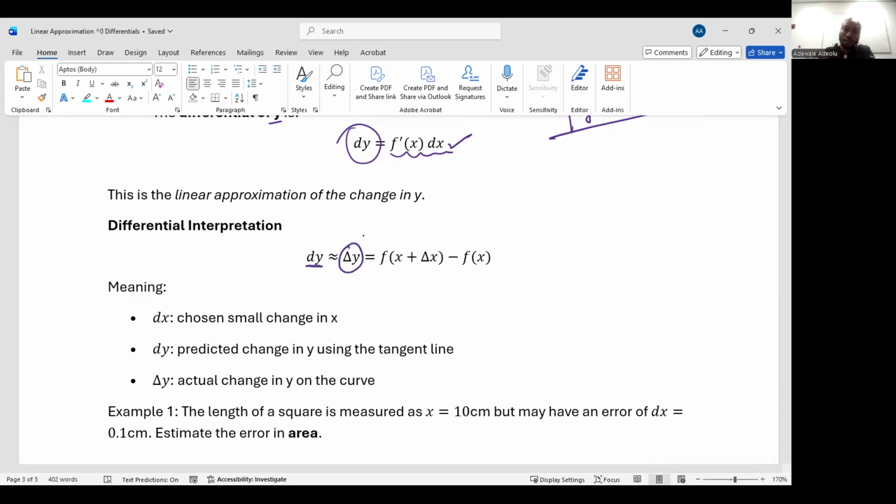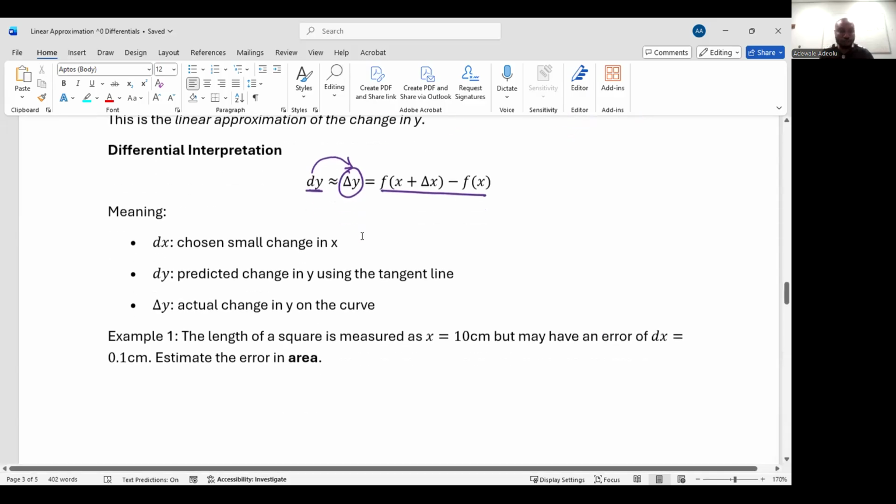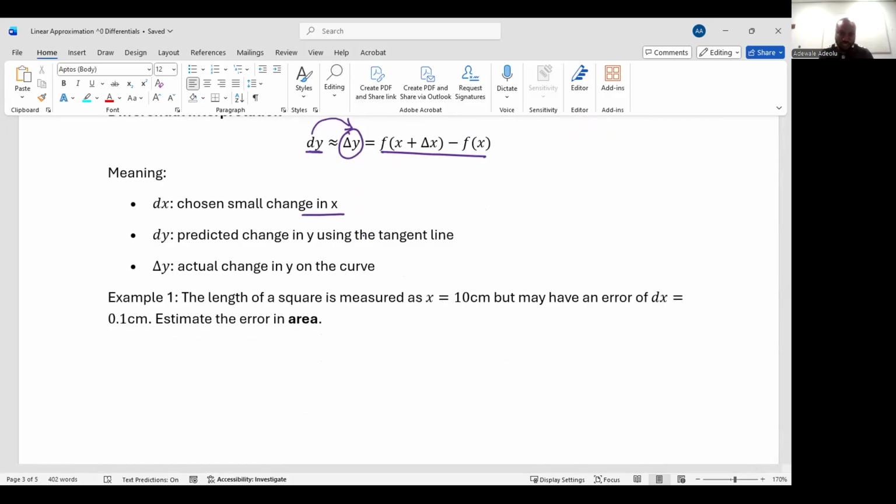Delta y is the actual change in y value, which we define this way. We are using this formula to approximate the actual change in y. So the meaning: dx, small change in x; dy, our estimated or predicted change in y using the tangent line; and delta y is the actual change in y on the curve.